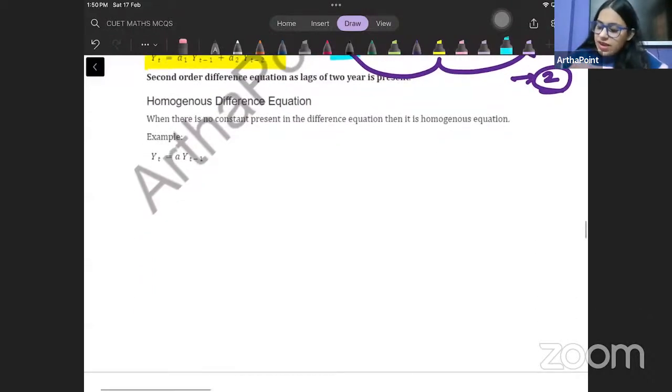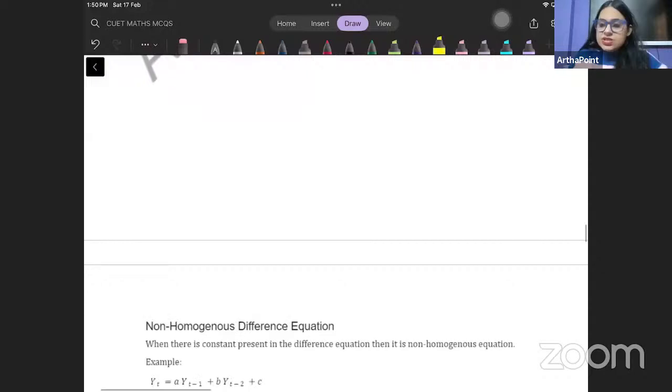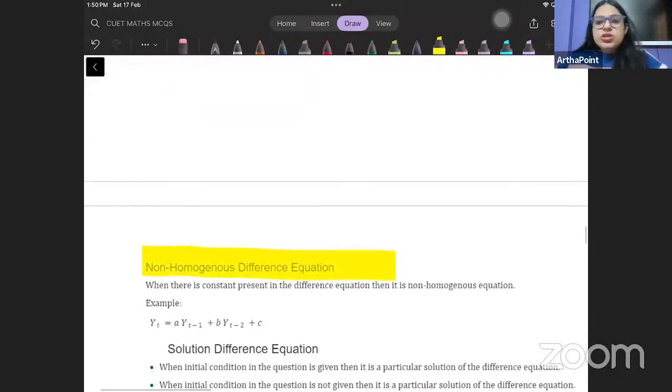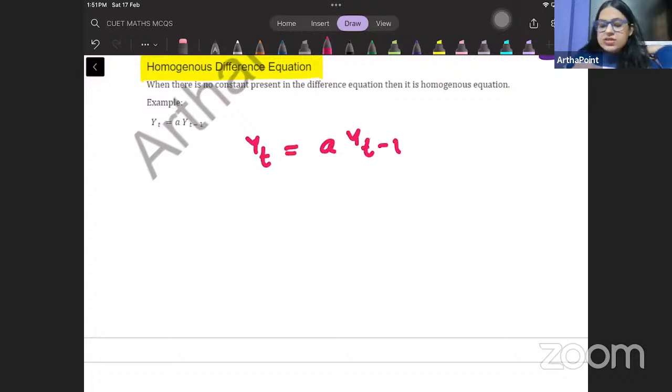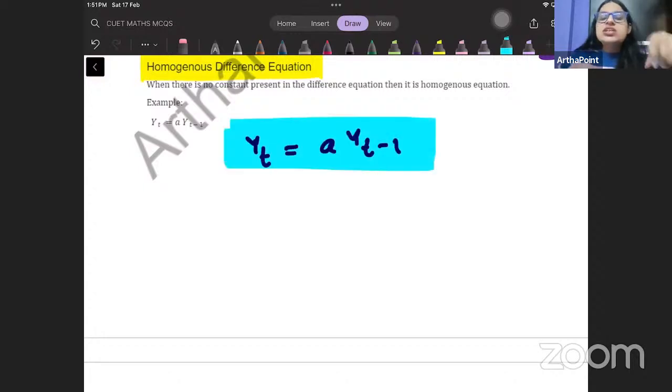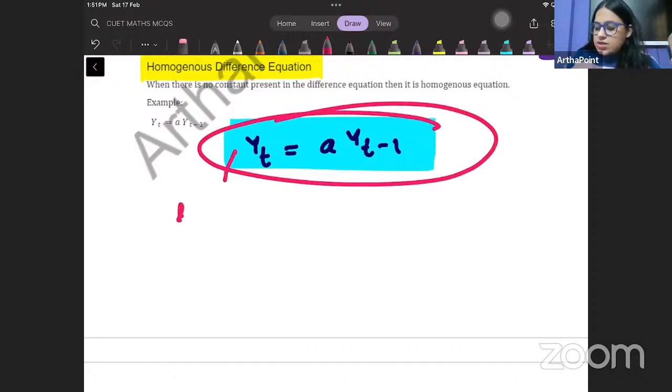Now the next thing we have is called homogeneous difference equation versus non-homogeneous difference equation. If there is no constant involved, meaning my difference equation is something like yt is equal to a yt minus 1, there is no constant involved in this equation, then this will be called a homogeneous difference equation. Simple. So let's read it out.